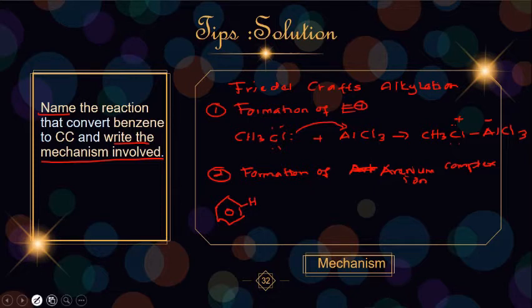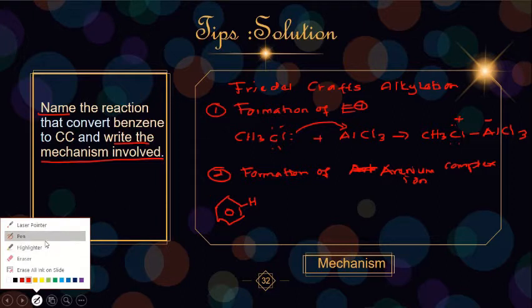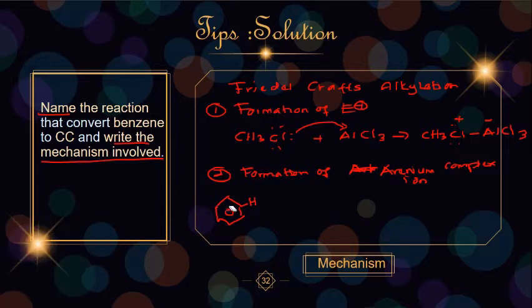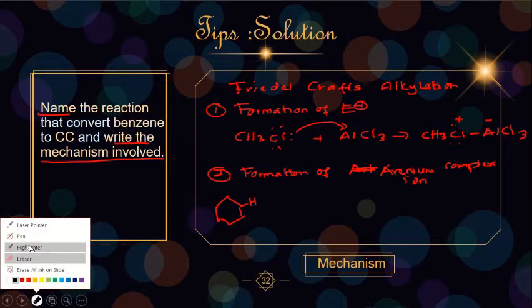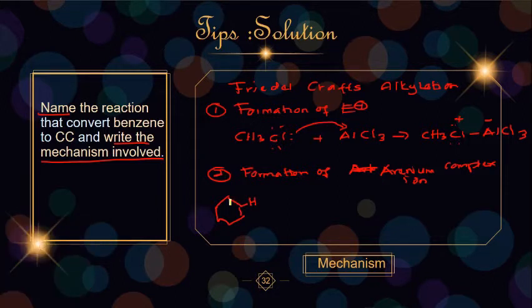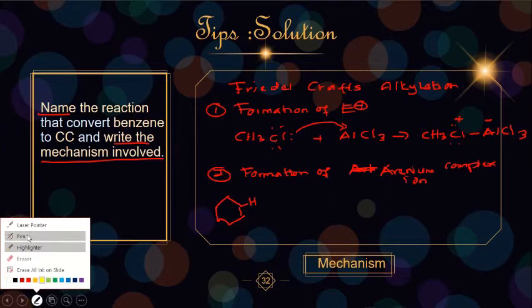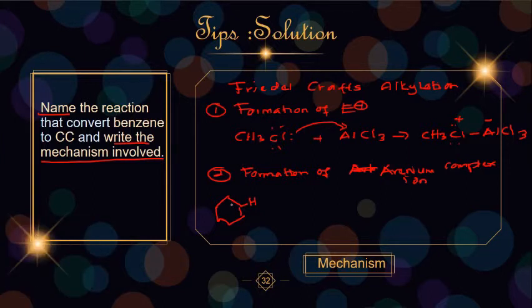If possible, draw it with double bonds, not the Kekulé structure. You have to follow this. Okay, so I erase this one to show where the double bonds actually are. Okay, I mention the double bonds here, here and here.